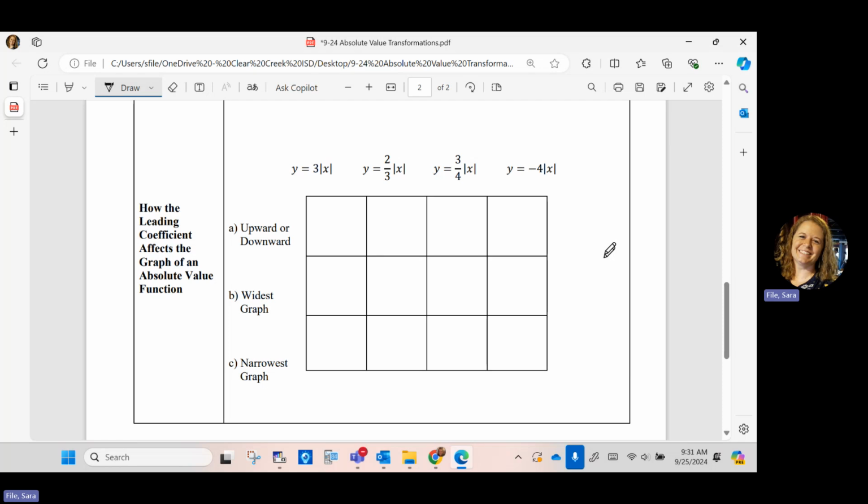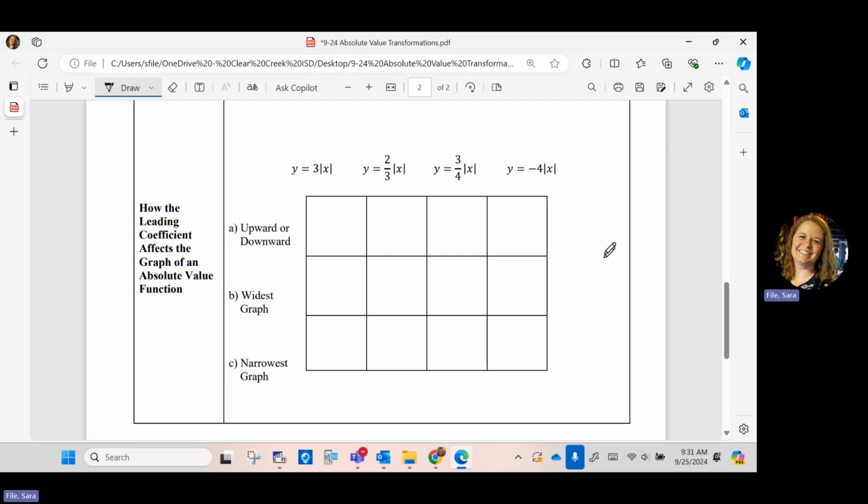So looking at these A values, I've got an A of 3, 2/3, 3/4, and -4. I want to figure out which one is the widest and which one is the narrowest. So 3 and 4, those are the only whole number or integer values, right? These two are fractions.